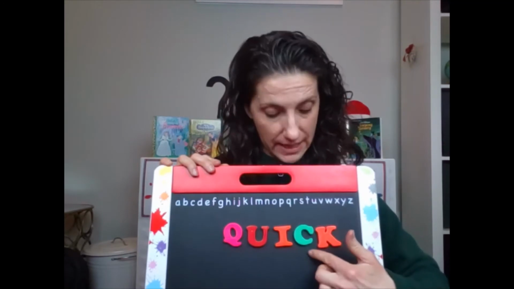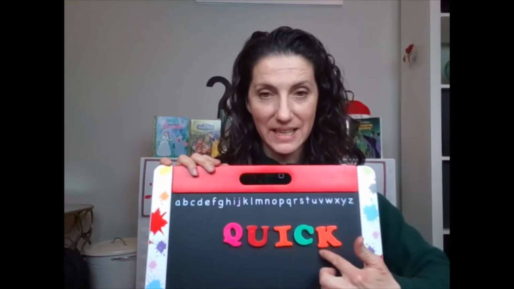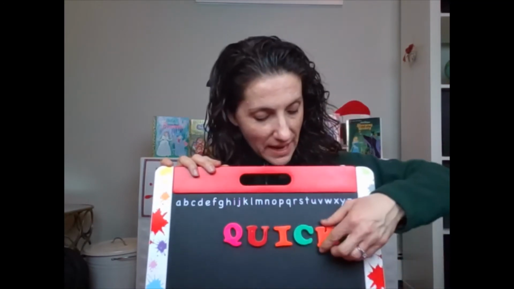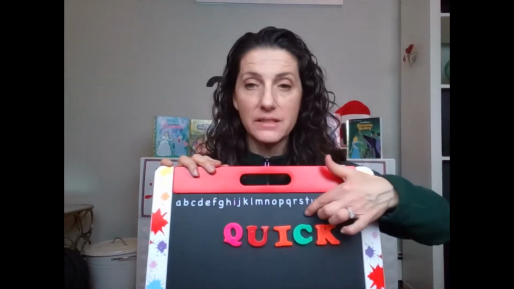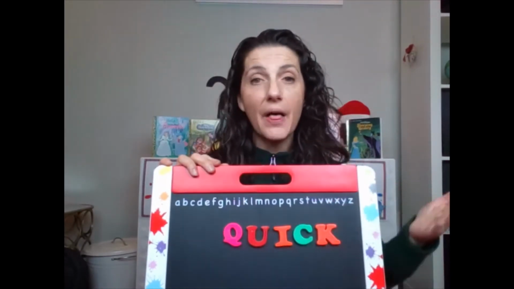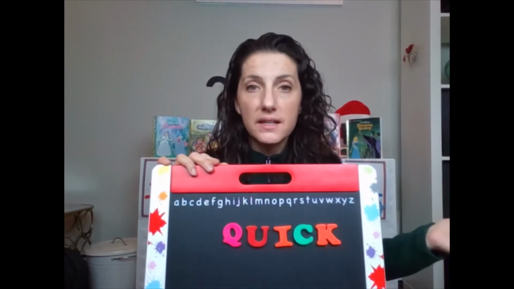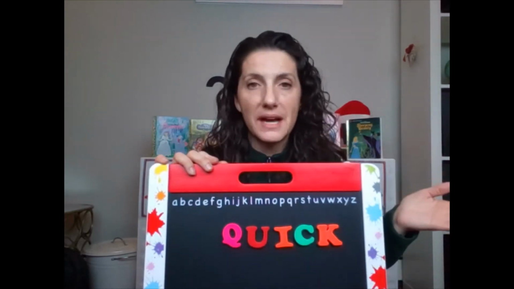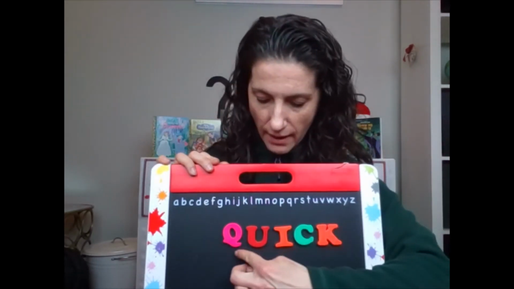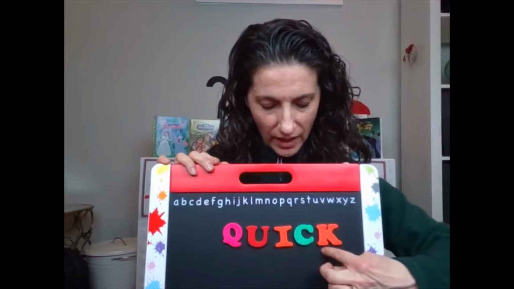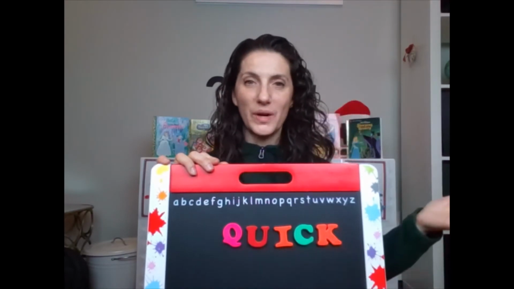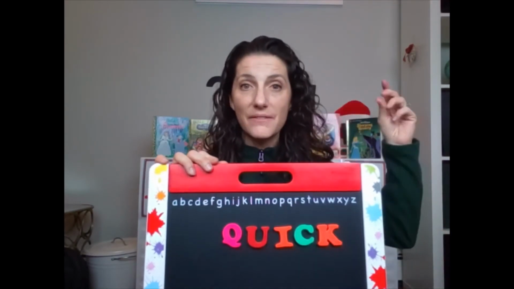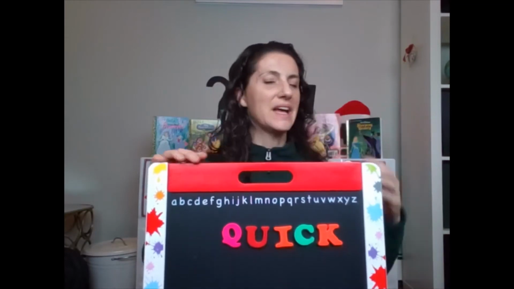Quick. Now, when we have CK at the end of a word, the C and the K, they both sound like k, right? So together they also sound like k. So we have quick. And what does quick mean? Quick means fast. Okay, excellent.